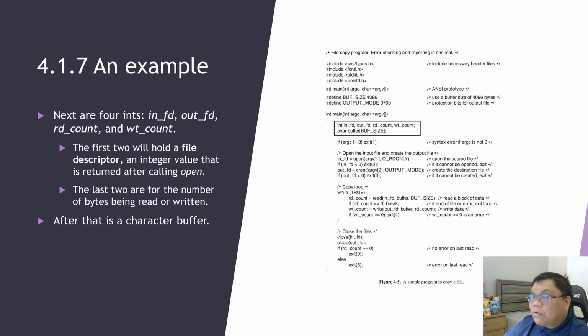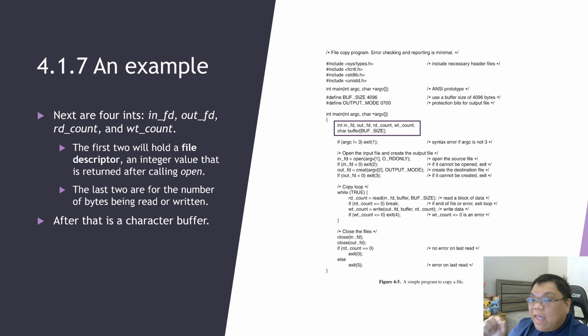When we call create, and create is spelled C-R-E-A-T for some reason, and pass in argv2, that is our destination file, we get a file descriptor for that file, and we can use that for when we start writing to it. The other 2 ints are read count and write count.